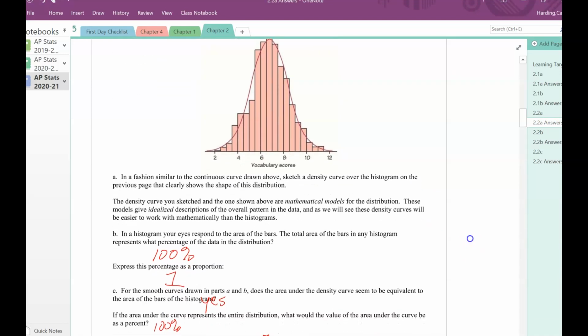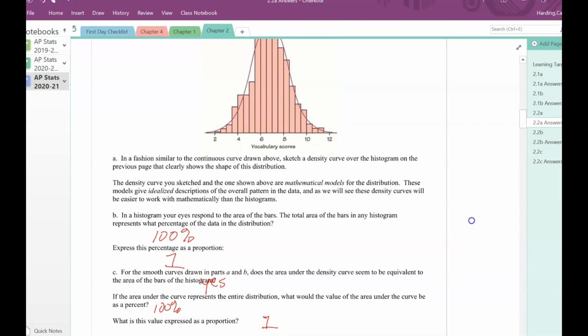One of the things that's very important about density curves is thinking about the area under the curve. So when you look at the amount of the histogram that falls onto the curve, or the percentage of the data, 100% of the data is represented by all the bars in the histogram. If we write this as a proportion, that's 1.